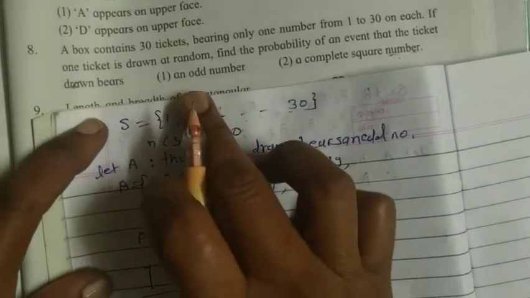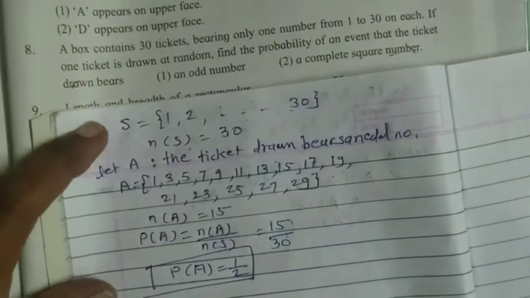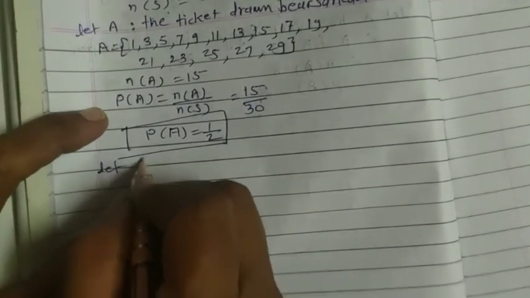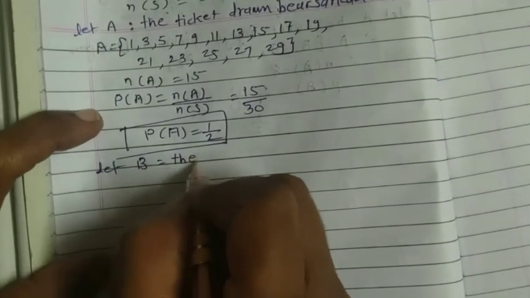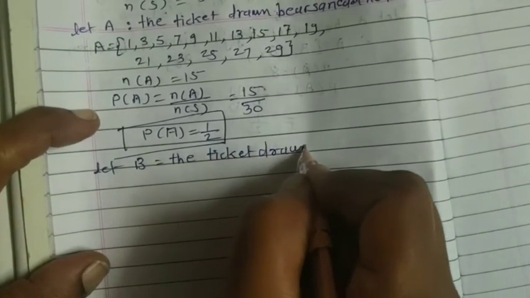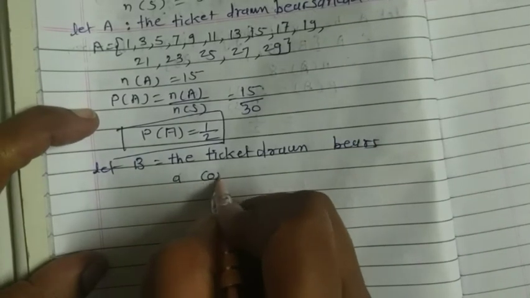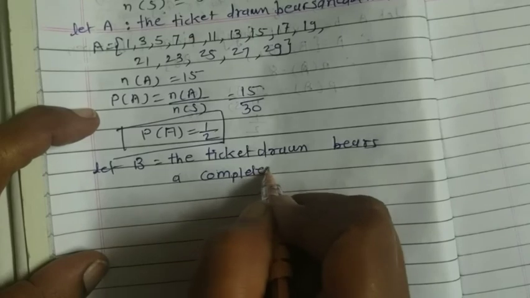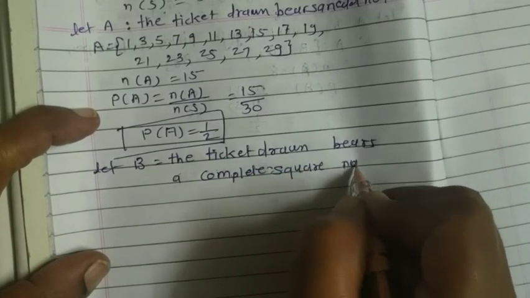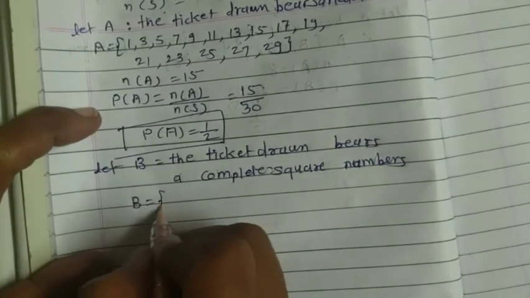Now the second: the ticket drawn bears a complete square number. Suppose let event B be such that the ticket drawn bears a complete square. We already know which are complete squares. Complete square number means we have to choose only complete squares from 1 to 30.